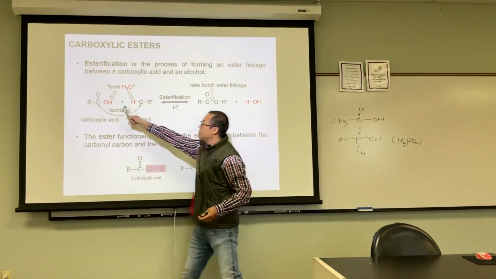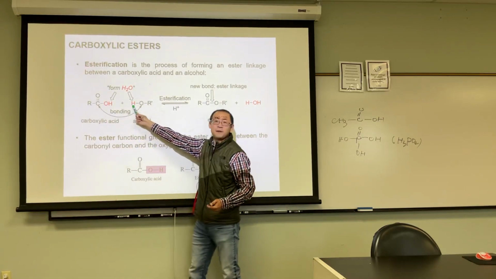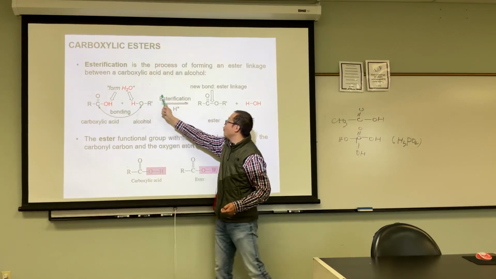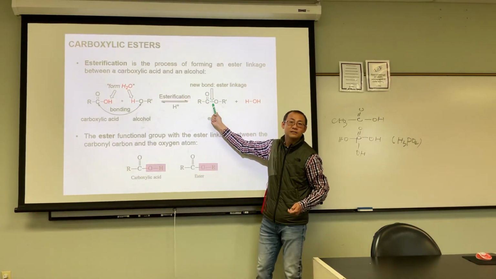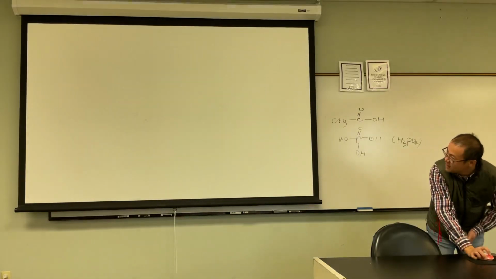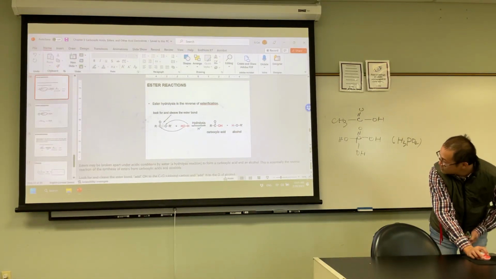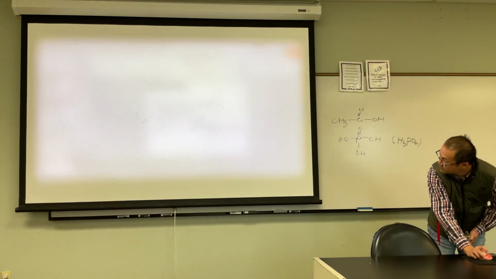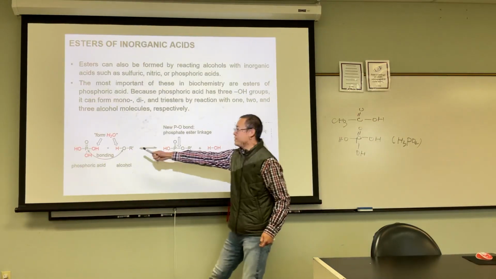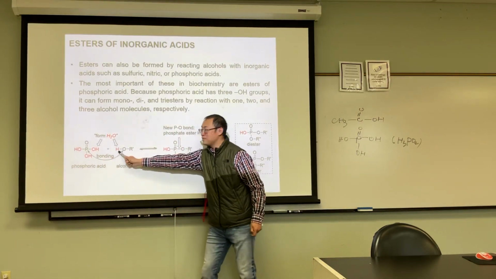Remove the OH from the acid, H from the alcohol. Make a bond between the C and what? And O. You get what? CO what? OR. The same there. Remove the OH from the acid, H from the alcohol.